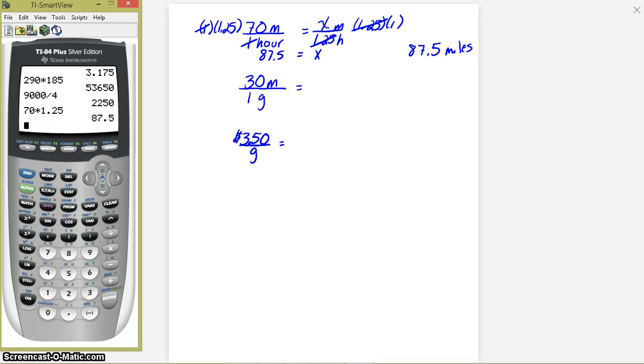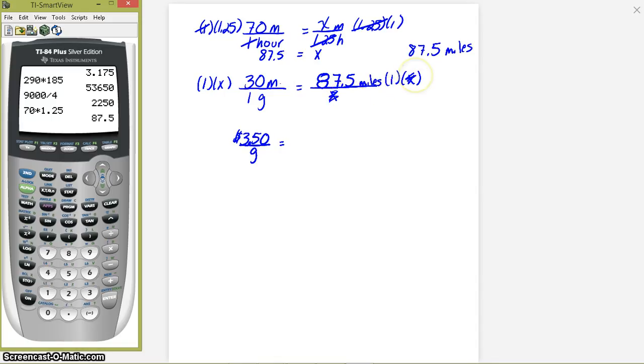And then if she's getting 30 miles for 1 gallon of gas, how many gallons is it going to take to go 87.5 miles? We want to know how much gas she's using. There's our x. It's the same thing, 1 and x, and 1 and x.